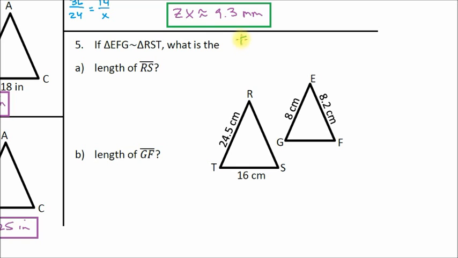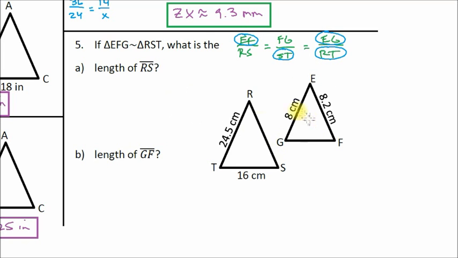We've got EF over RS is equal to FG over ST, and that is equal to EG over RT. Let's circle the sides that we know. We know RT, we know TS or ST, we know EG, and we know EF. All right, that's enough information.